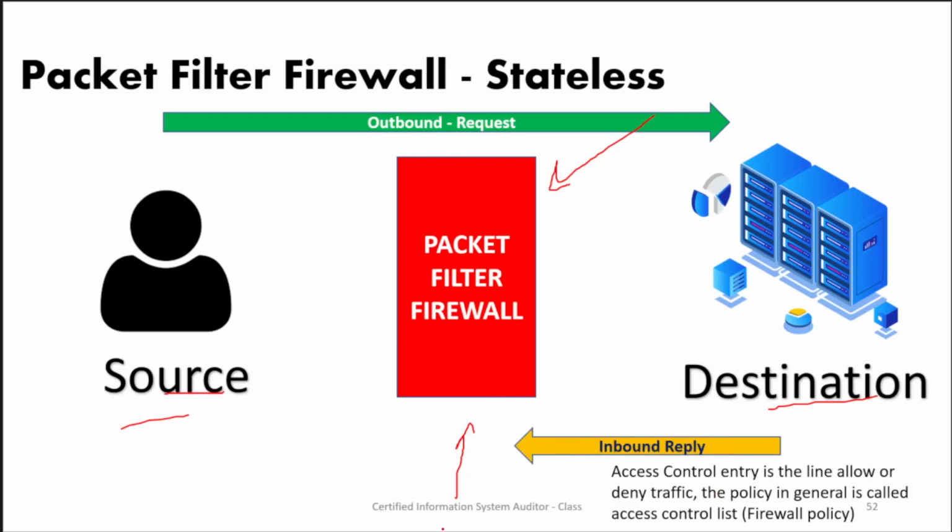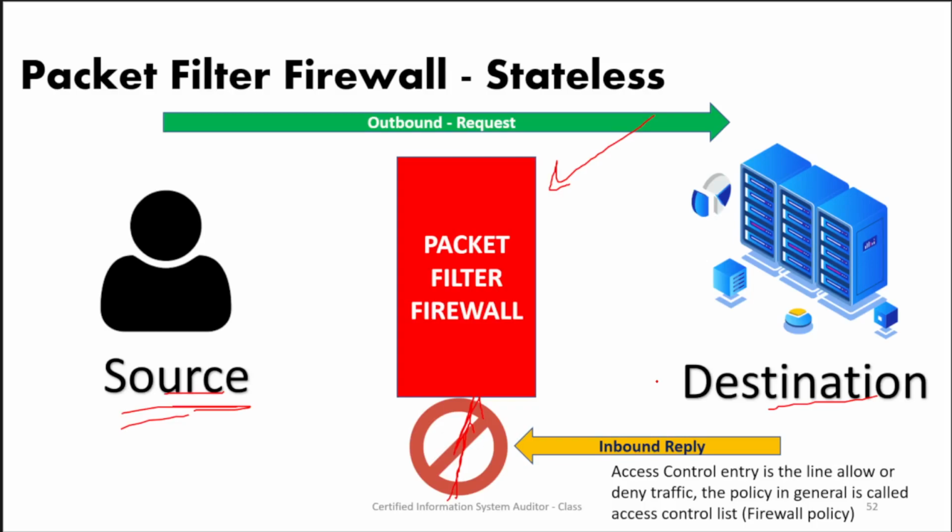But if I didn't configure a reverse rule to allow this destination to respond to this source, the access will be disabled. So the packet filter firewall is called a stateless firewall because it doesn't monitor who tried to communicate from inside the network in order to automatically allow the reply back.